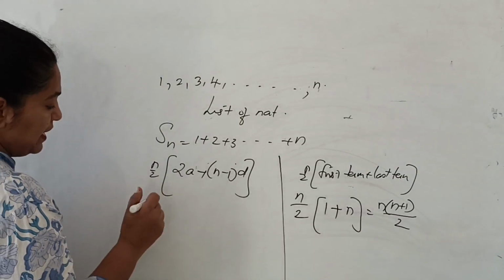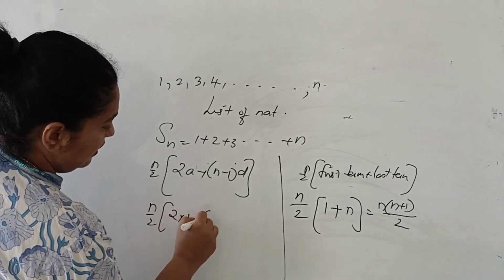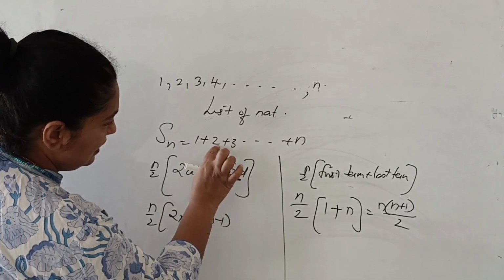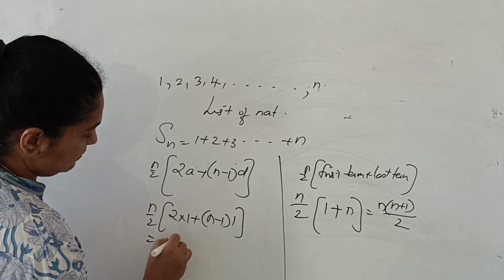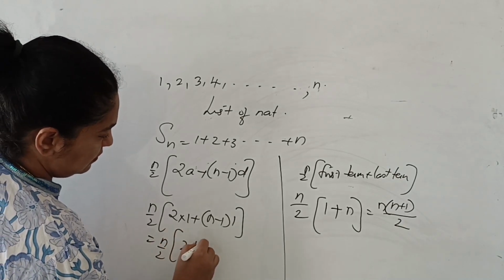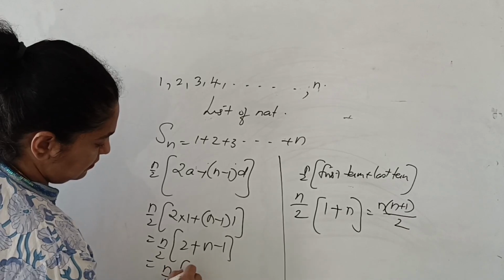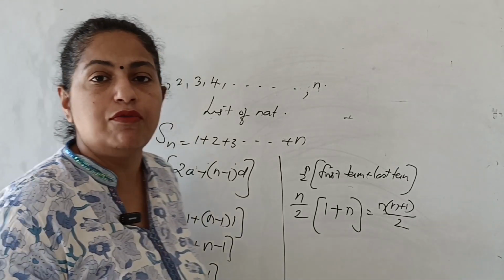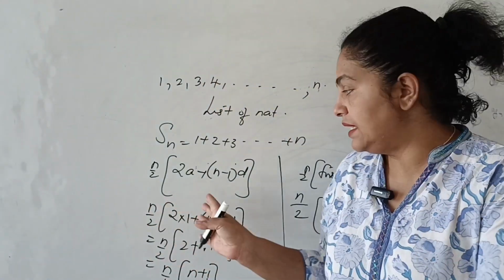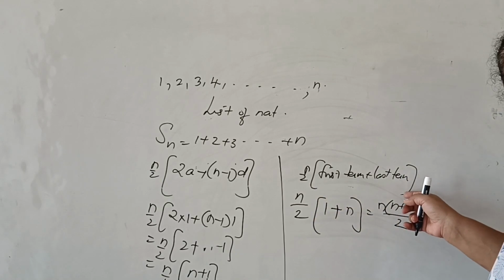Okay. So n by 2 into 2a, where a is 1. N minus 1 into d, where d is also 1, 2 minus 1, right? Let me open the bracket. You can see that you are getting the same formula in the end whether you are using this one or whether you are using this.